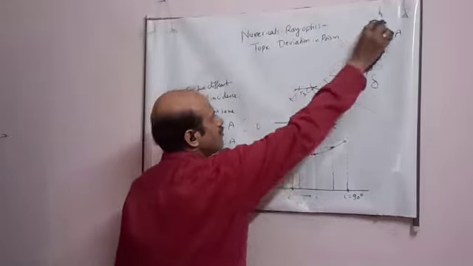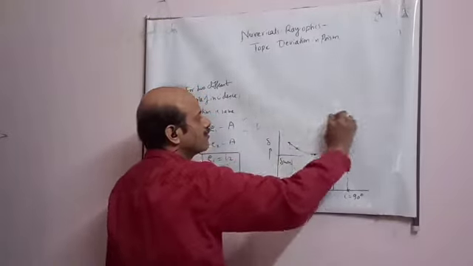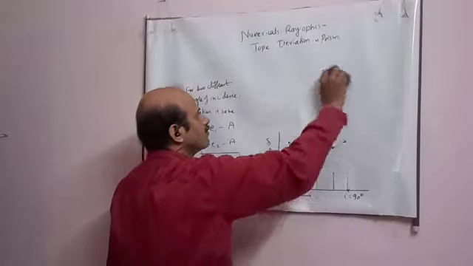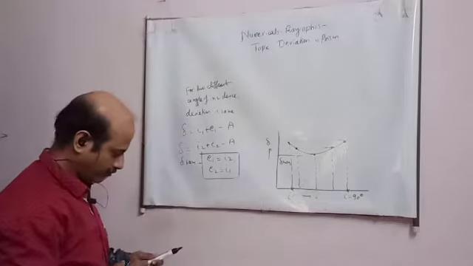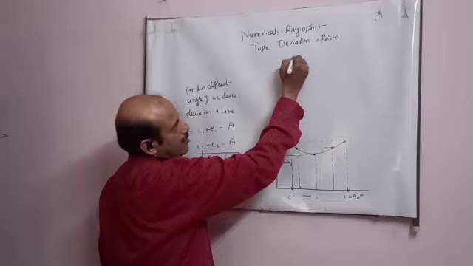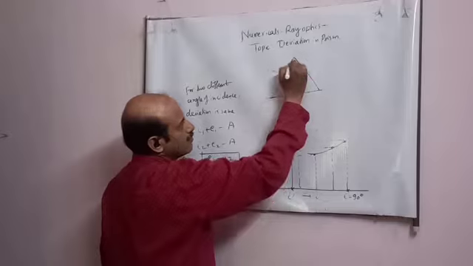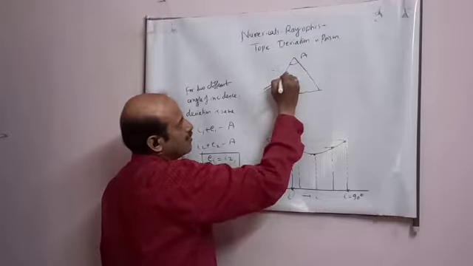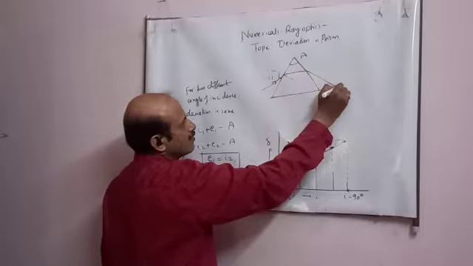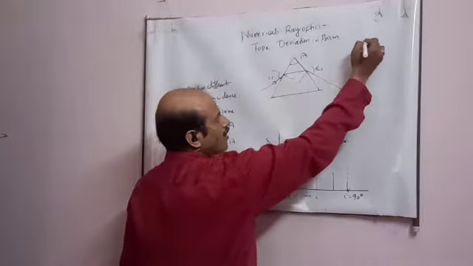This is one numerical which will be found from this chapter. Suppose, student, I am drawing it by figure first. This is angle of incidence I1. Now another angle.